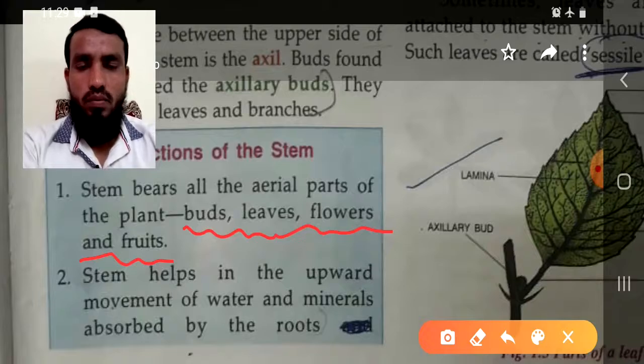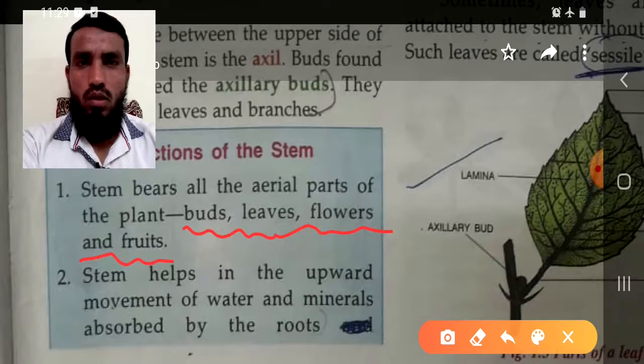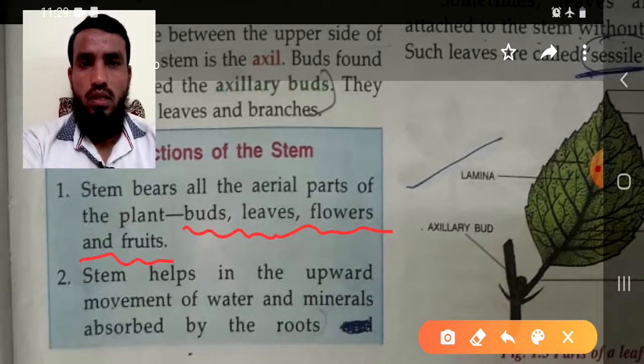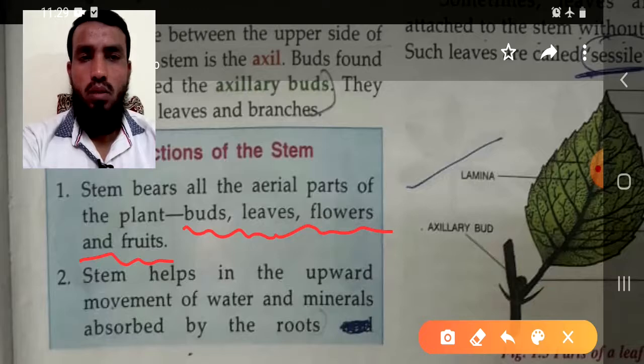That is why the stem does a main function. Through the stem only can the roots pass the water up to the leaves. So one more important point is that the stem helps in the upward movement of the water and minerals absorbed by the roots.